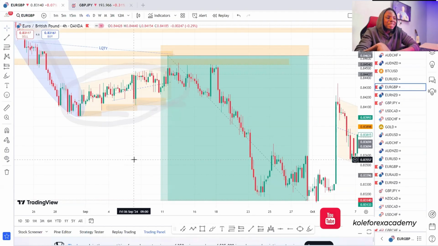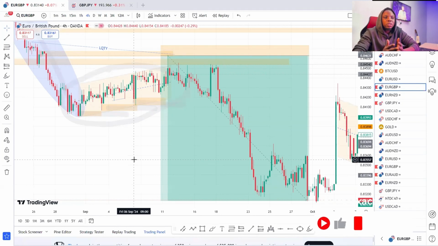No, you are taking your time to do your back testing, to come up with data that shows you that, okay, if I trade this particular concept on Euro GBP, definitely out of my 10 trades, maybe 6, 7 go in my favor. If you have a very good risk reward ratio, guys, listen, a very good risk reward ratio with your risk management, it will keep you in the game.